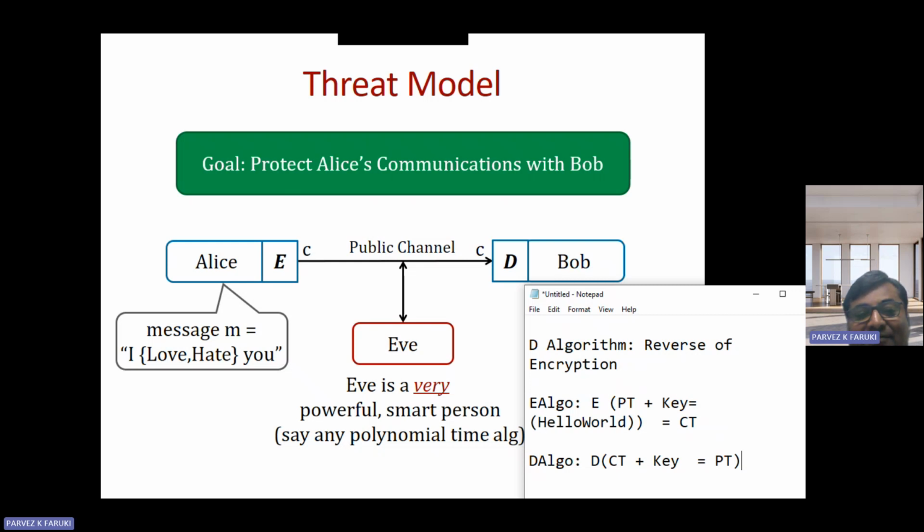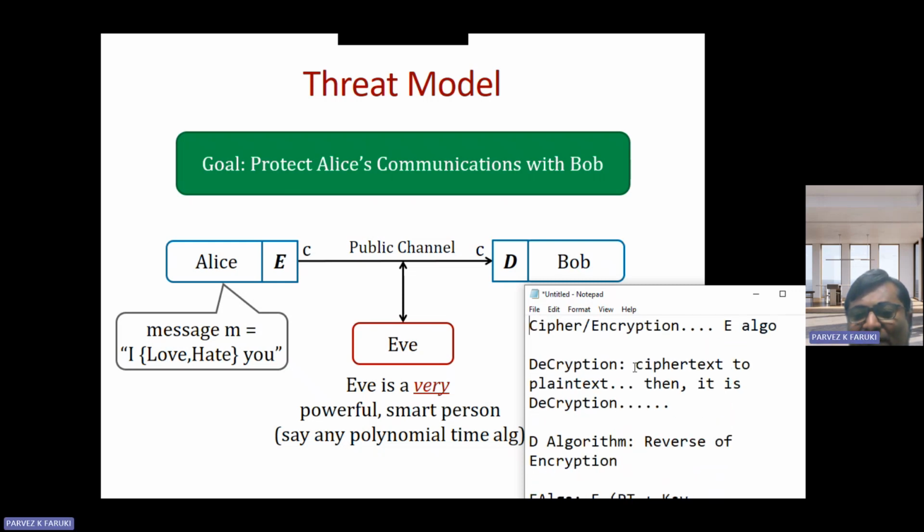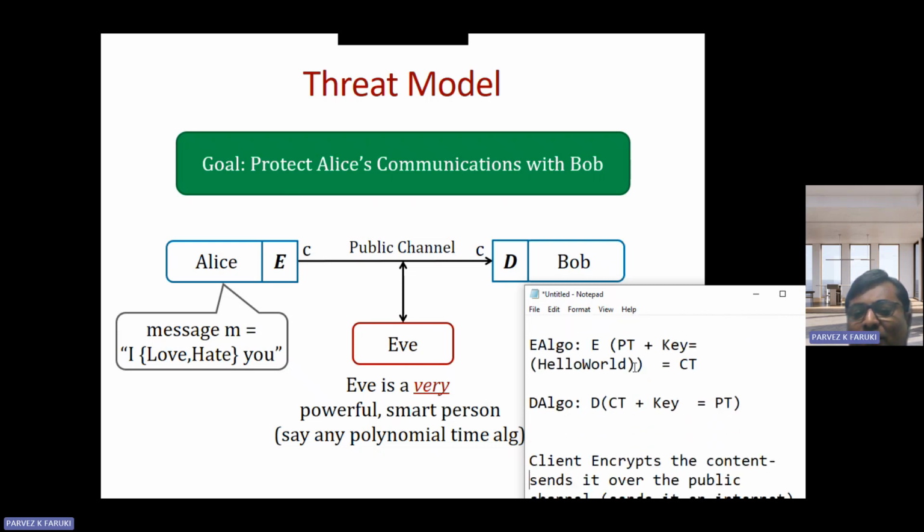So in that sense, in order to protect the sanctity of PT, which is known as the plain text, PT is converted to CT, plain text is converted to ciphertext by the encryption algorithm, and the decryption algorithm converts ciphertext into plain text using the same key.